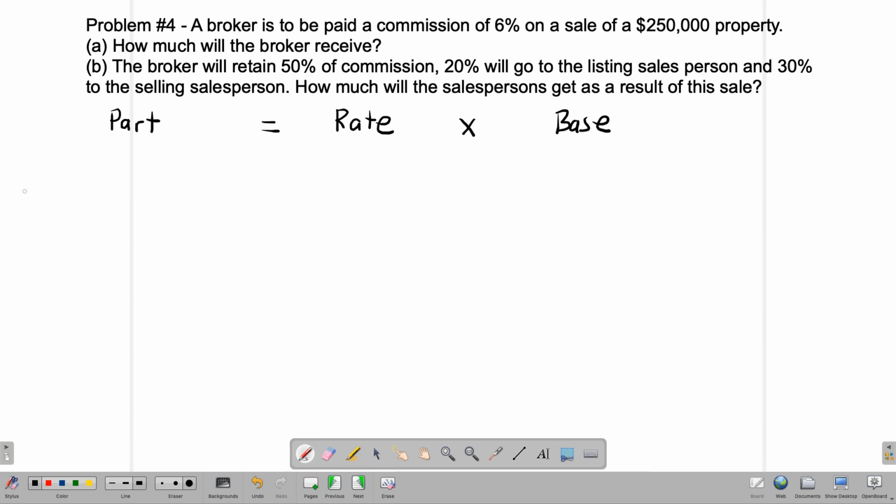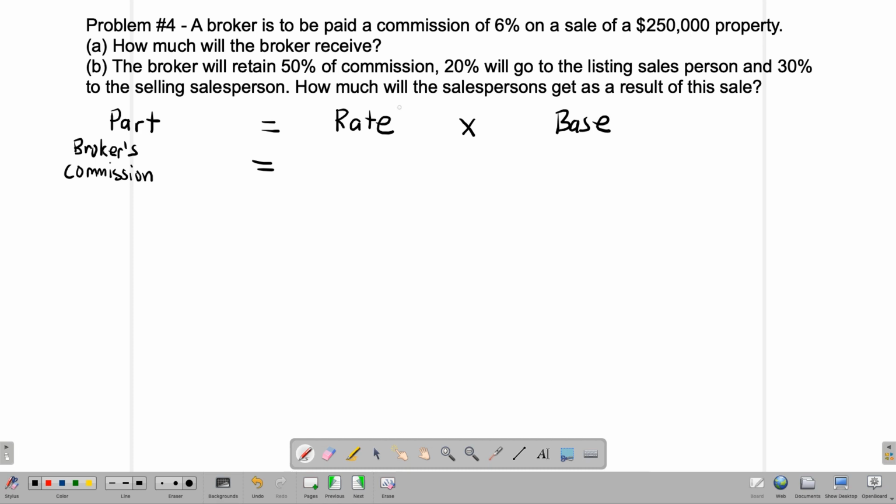And in this case here, the part would be the broker's commission. And the rate is mentioned in the problem above.